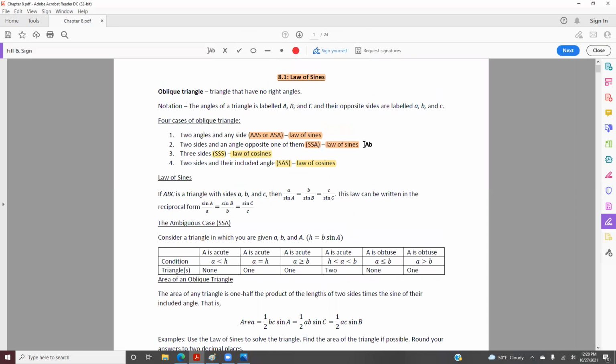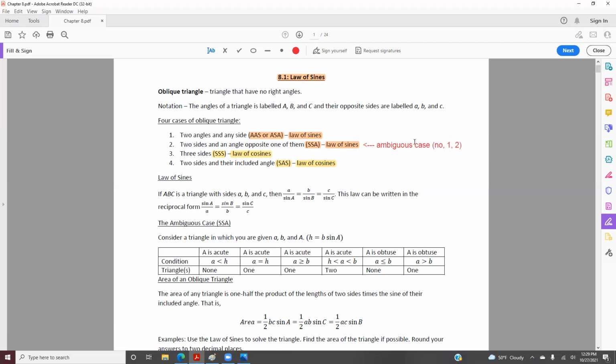And moreover, this side-side-angle case with the law of sines is an ambiguous case. What's the meaning when I say ambiguous case? Ambiguous case means that you can have no triangles, one triangle, or up to two triangles. Only this case is ambiguous, and you have to watch out.